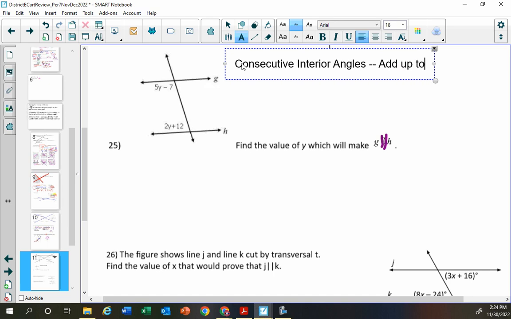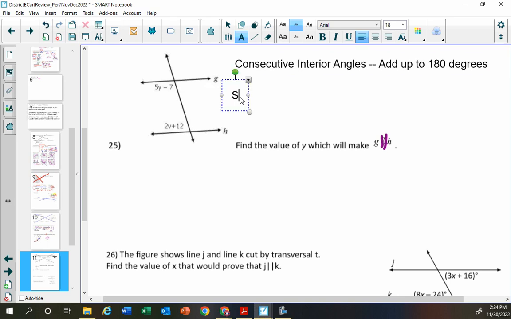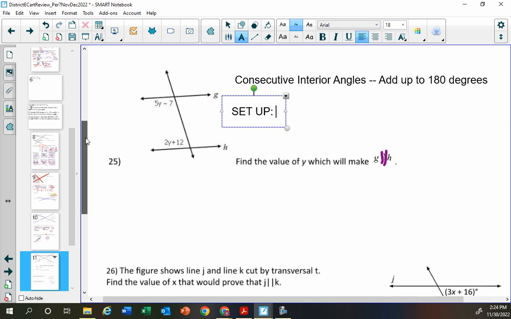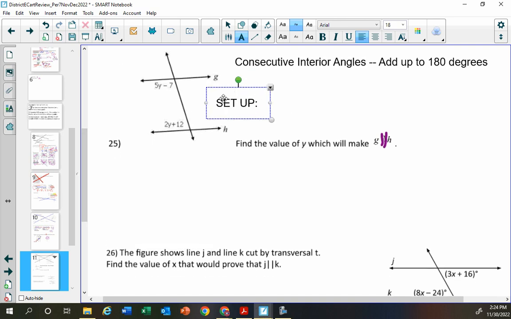They add up to 180. Very good. So then what would be our setup for this problem? We want to solve for, in this case, y. What would be our setup?